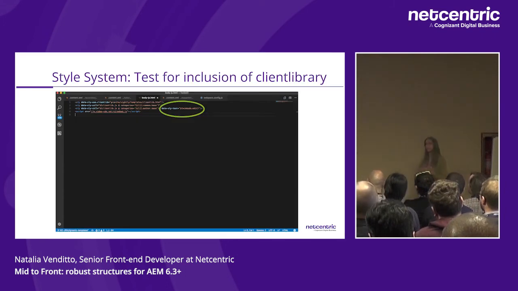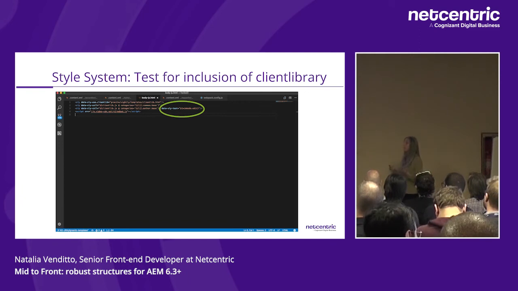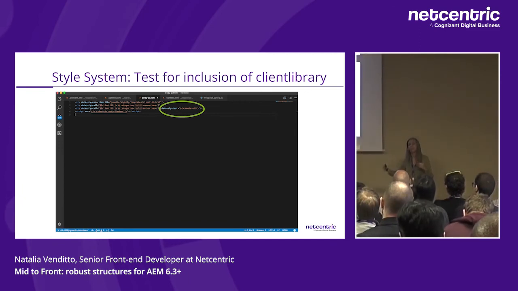But what we can do is, just as we have an author category and a publish category, we could potentially have a styles category, and we could go back all the way to what we spoke about, client libraries being defined in policies.